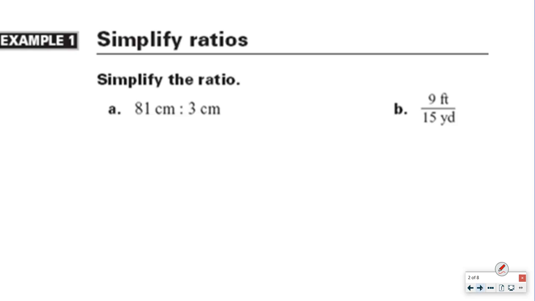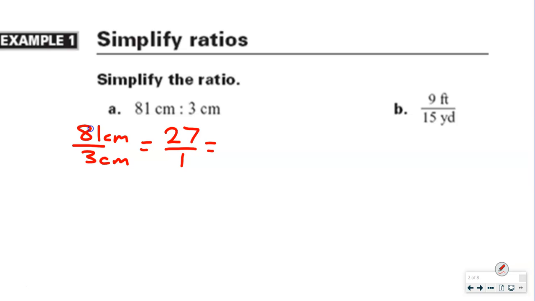So we want to simplify this. And to simplify, we can write it as a fraction. So if we wrote it 81 over 3, 81 centimeters over 3 centimeters, that would simplify to 27 over 1.